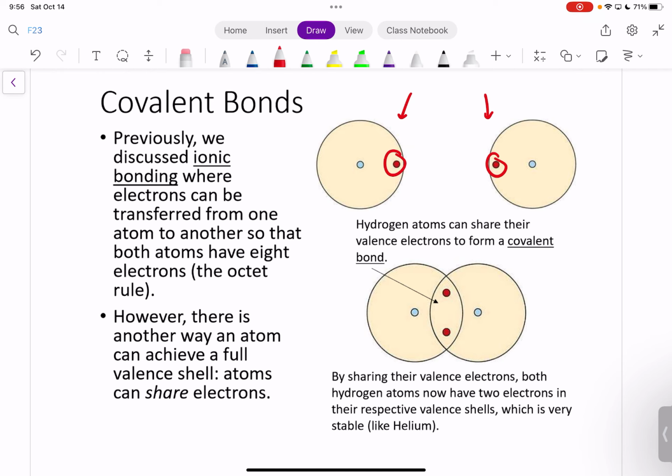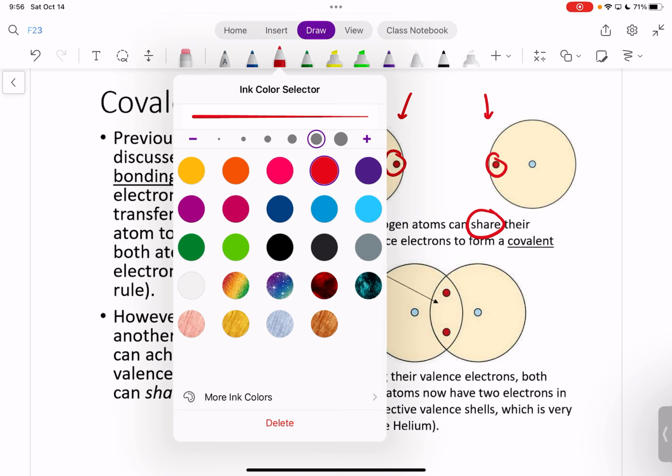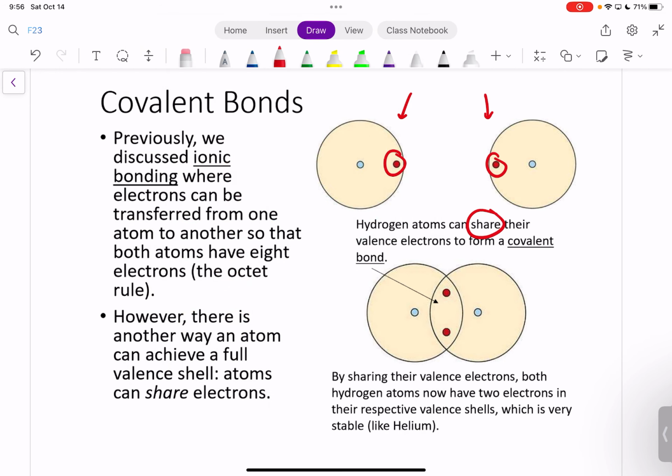And since hydrogen is so abundant on Earth, what will often happen is hydrogen atoms will come together and say, you know what, let's just share our valence electrons and form what's called a covalent bond. So these 2 atoms will come together and say, let's share these valence electrons, and then we can both be happy.